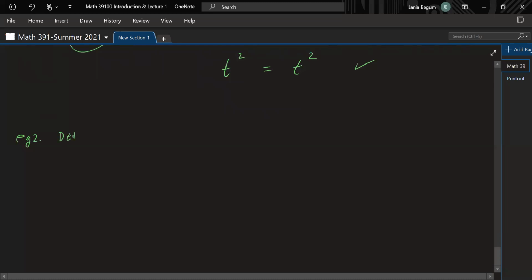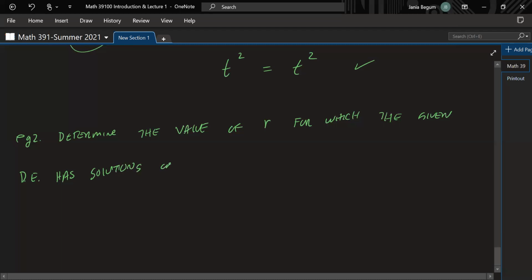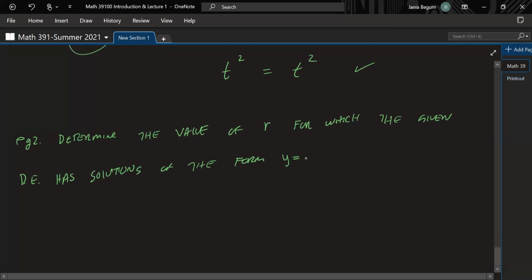Determine the value of r for which the given differential equation has a solution of the form y equals e to the rt.